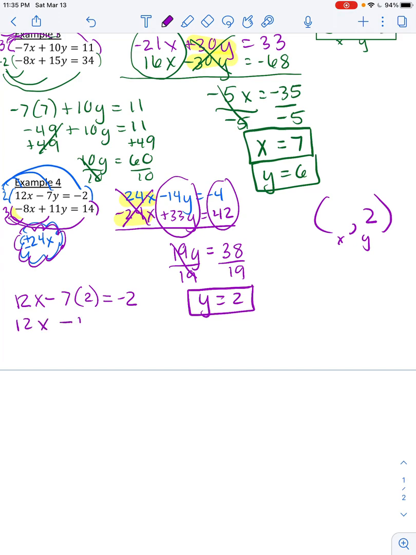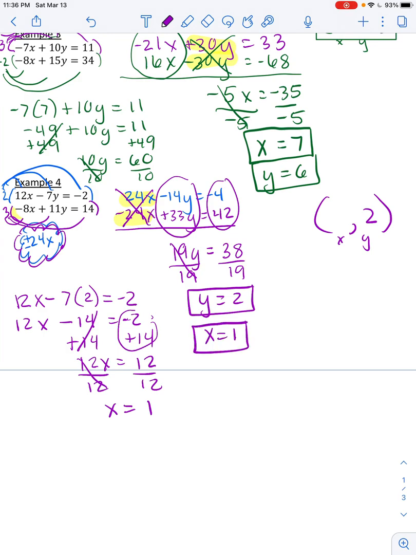So negative 7 times 2 becomes negative 14. Add that puppy over to the other side. 12x equals 14 and a negative 2 becomes 12. So when I divide out the 12, I get x is 1.